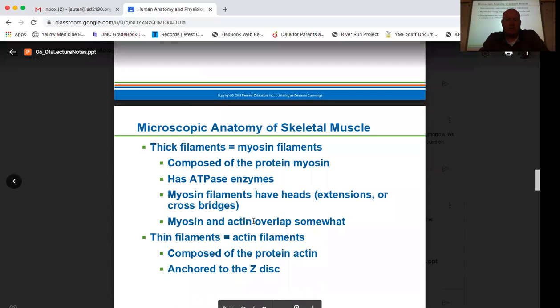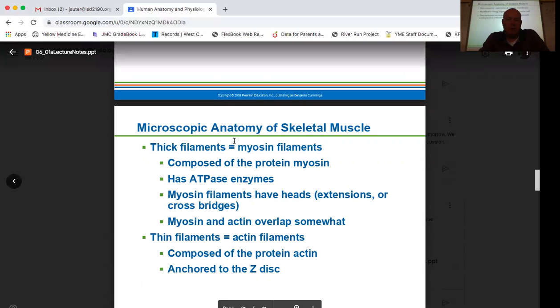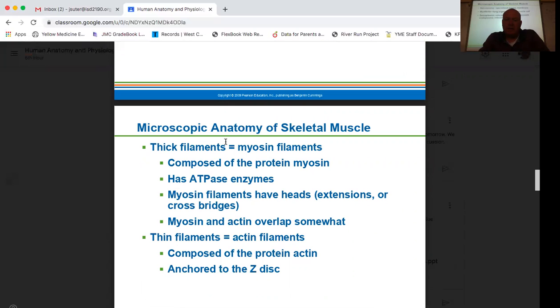So I know this is where we're going to end for today, but there's a lot that happens between these thick and thin filaments in order to allow our muscles to contract and relax. First off, the myosin filaments are composed of proteins. They have binding sites for the enzyme ATP synthase.